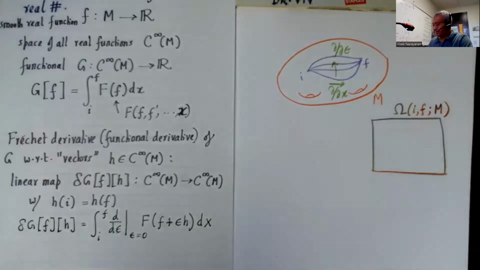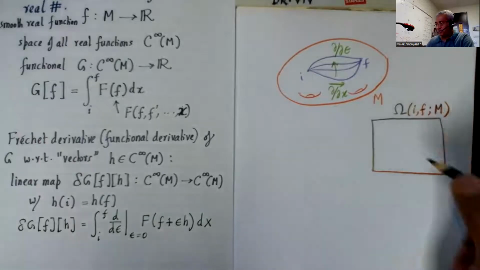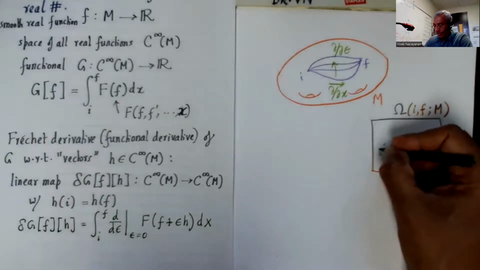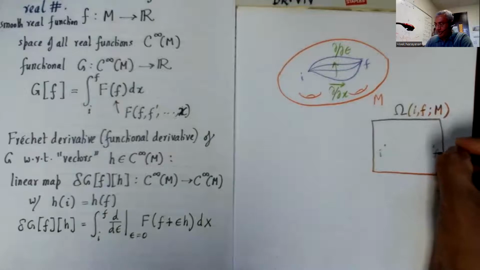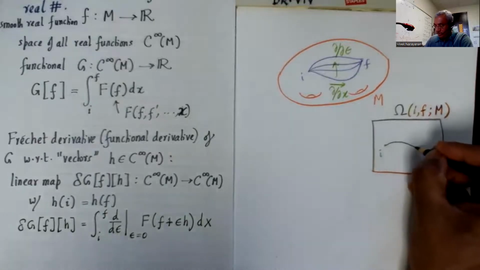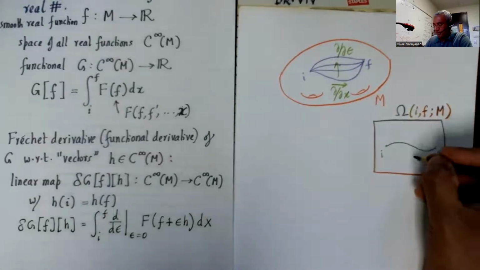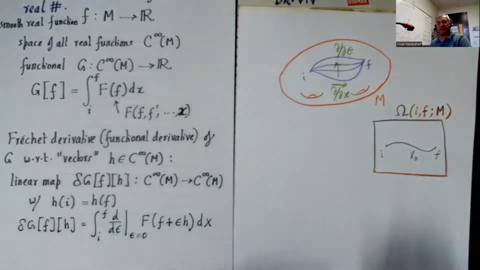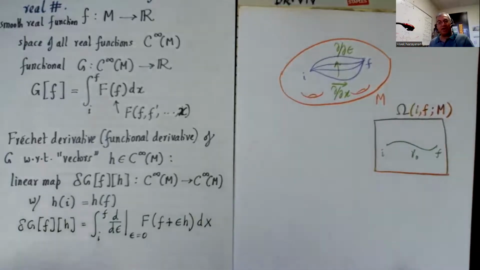Now, in that space, you're going to have the point I, the point F, and the path we're going to seek is this optimum path known as gamma naught. That's the path we want to seek. That is the solution to any problem.